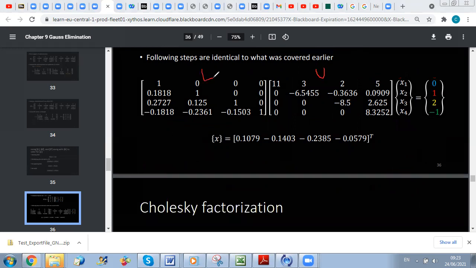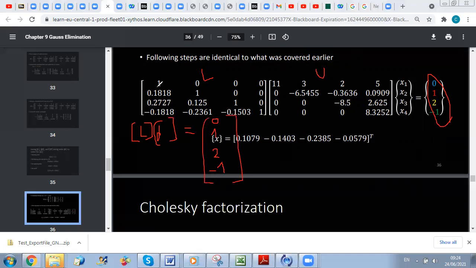Now I will take as a first step, I will write L times D equals to, so matrix L times vector D is equal to this vector 0, 1, 2, minus 1. And now I will find what is the expression for D. To find it, I start equation by equation.